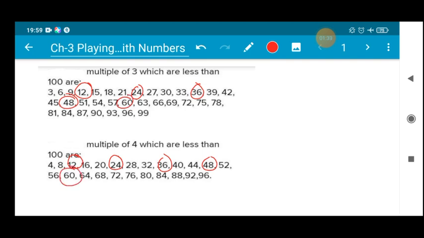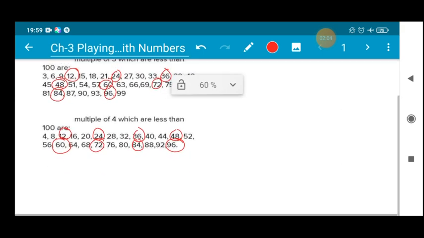Next 64, 68, 72 is there in both the cases, 76, 80, 81, 84 is there in both the cases. Next we have 92, 96, yes, 96 is there, the last number. These are the numbers which are common in both the multiples of 3 and 4 which are less than 100.